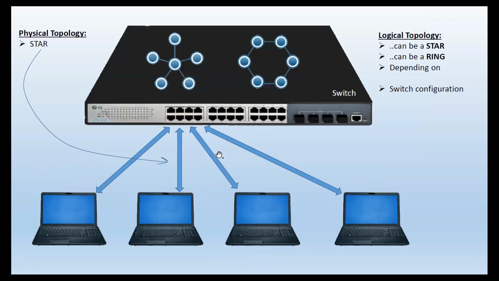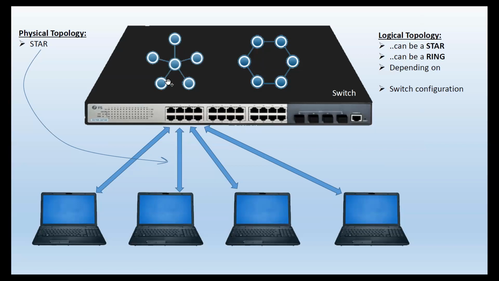All right, I'm going to show you how. Here's a switch, and it has a bunch of PCs connected to it, each to an individual designated port. Now, physically, it's a star topology. Logically, it can be a star or it can be a ring, depending on how you configure the switch inside.